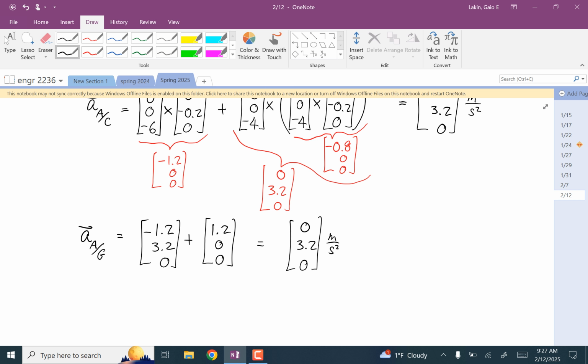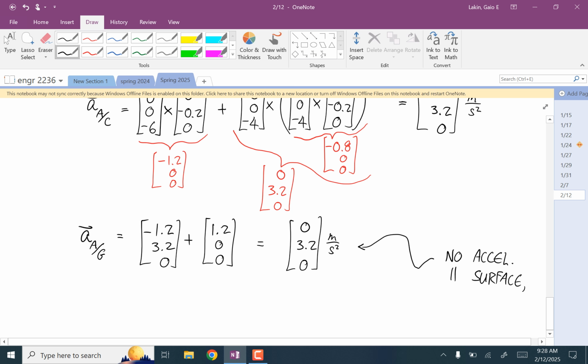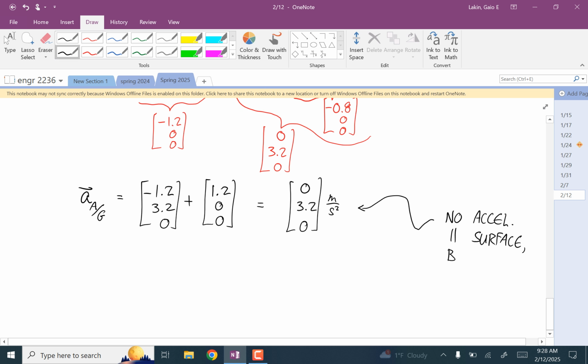Okay. So this has no acceleration parallel to the surface. But there is centripetal acceleration.